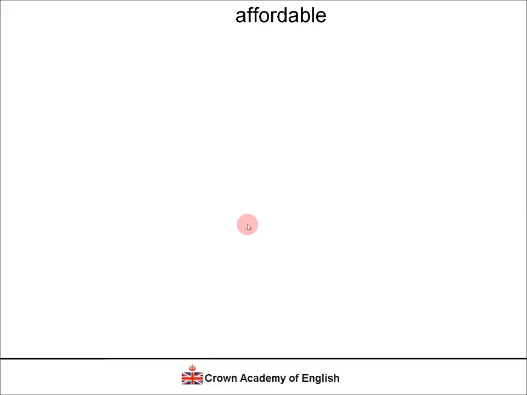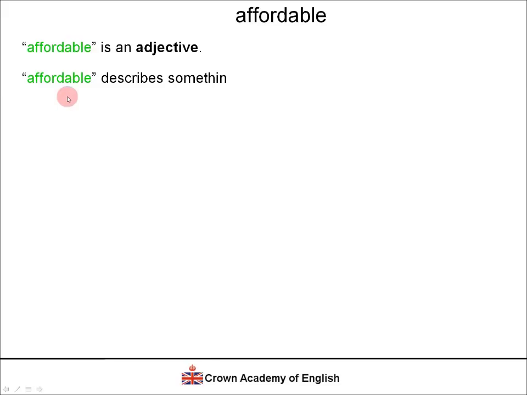Affordable. So what is this? Well, it's a derived word from afford. So affordable is the adjective. So it is the adjective that is derived from the verb afford. So an adjective describes a noun.